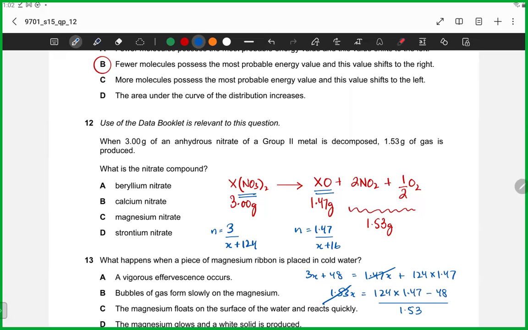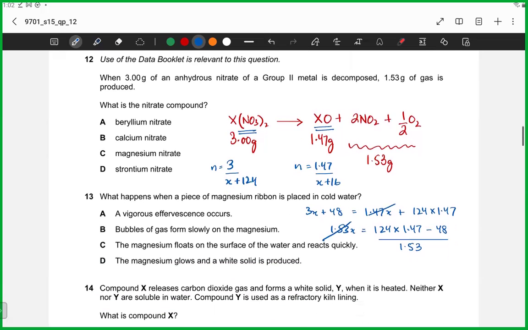So what are we getting? We're going to get 87.76, or 1,492 over 17. 87.